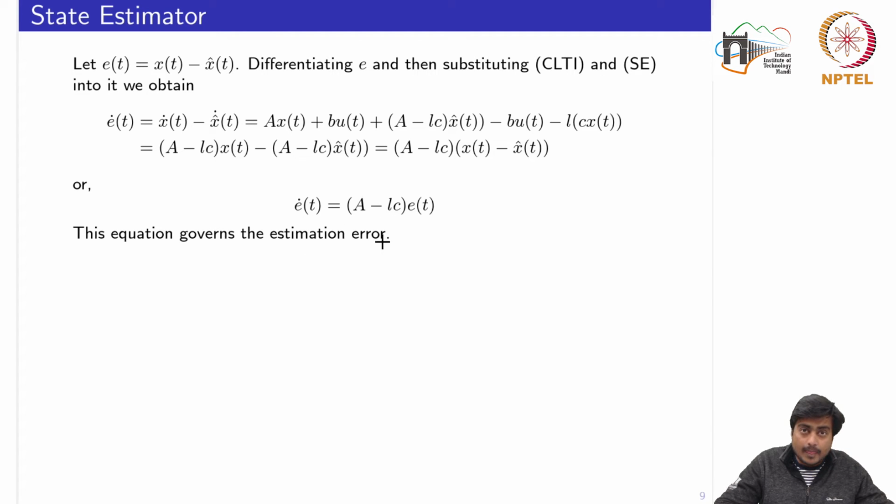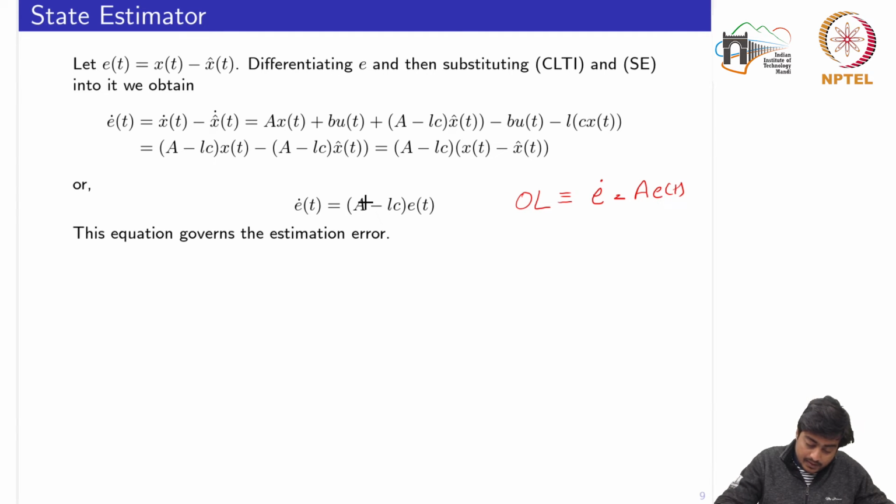There is a clear difference in the error equation of the open loop estimator and the closed loop estimator. In the open loop estimator, we got e dot is equal to A times e of t.